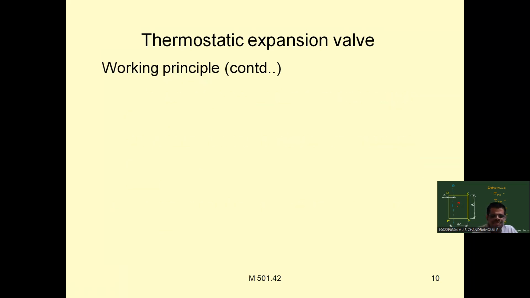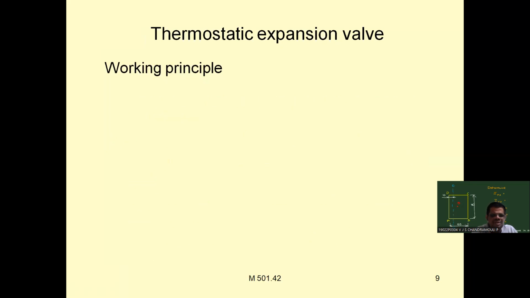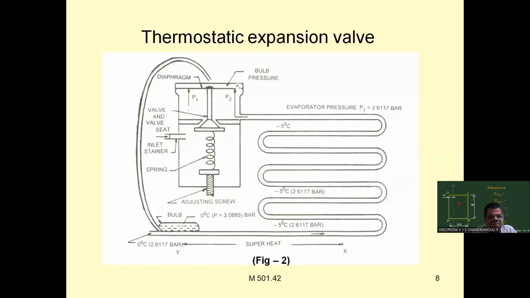Let's check how this thermostatic expansion valve is operated. Here the valve is operated by means of a spring. It is connected to the bottom screw by means of a spring. This spring should always be in expanded position. When the spring is compressed, it will always try to move the valve upwards. So the spring pressure acts upwards.